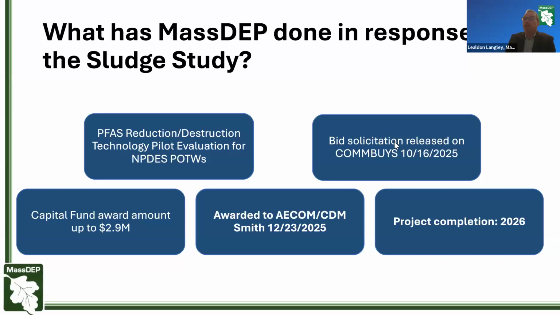That project will be completed by June 30th of 2026, and after internal review, we'll make those study results available to the public.